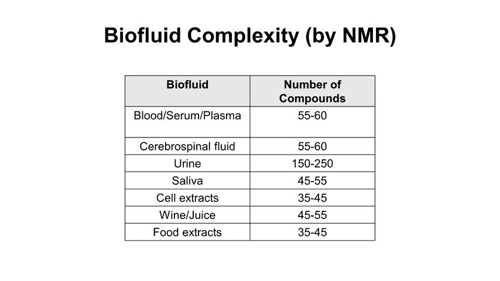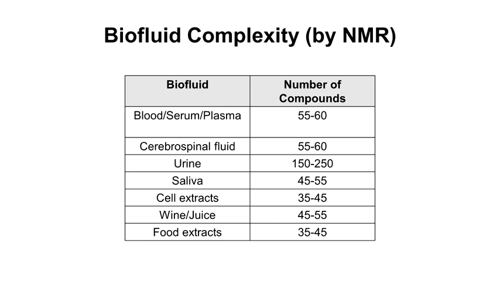If you do different preparations or have higher field strengths, you can get maybe 10%, 20% more. You can also look at food and wine and other things. And again, the number of compounds is hovering around 35 to 45. So it's not thousands, but it's a good number. And in fact, all of these compounds are generally known. And so it means that it's not just identifying, it's also quantifying that's possible.